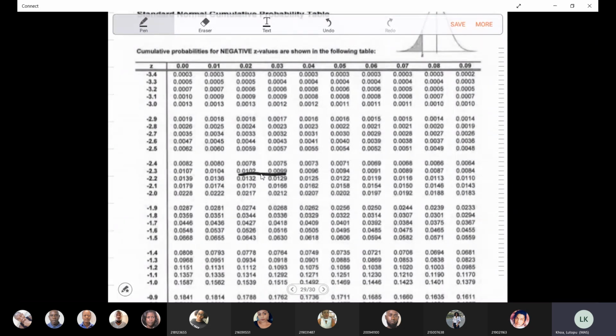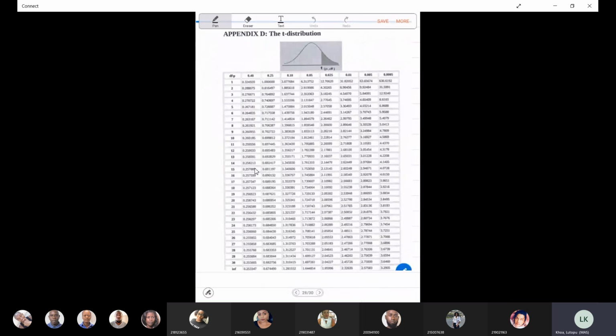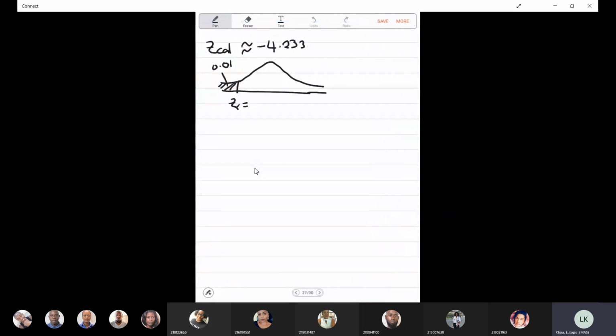So here I will take the average, and doing that, my Z alpha is negative 2.325.